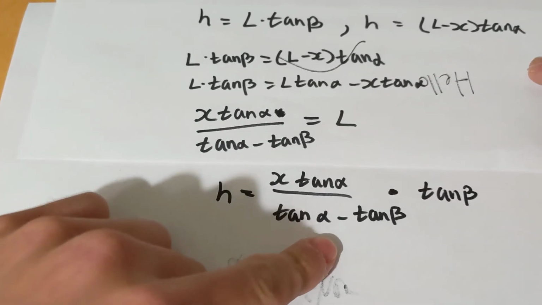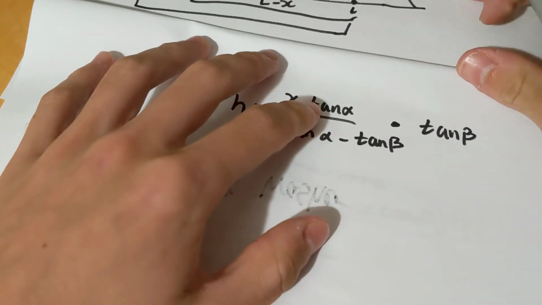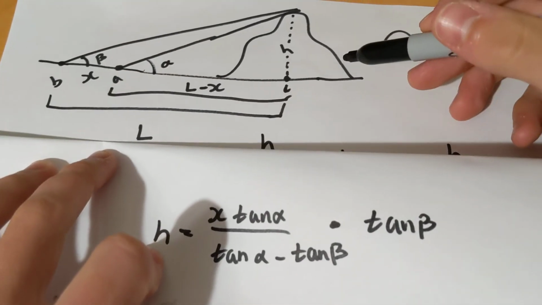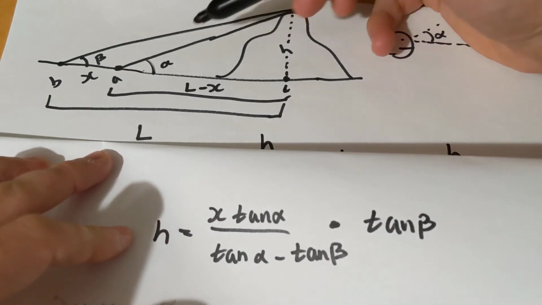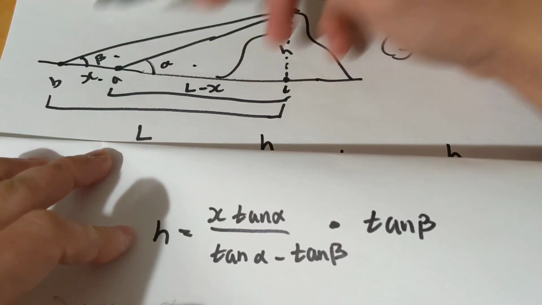Well, that's actually it. With this formula, you literally could calculate the height of this mountain just by knowing these angles and this distance.